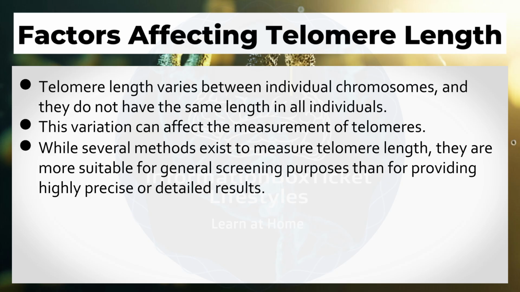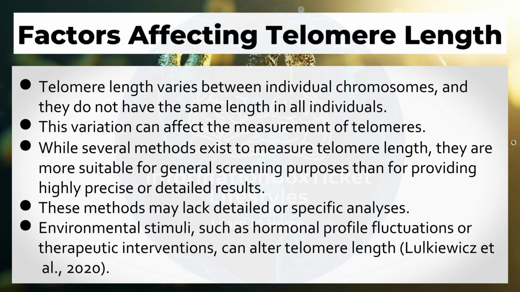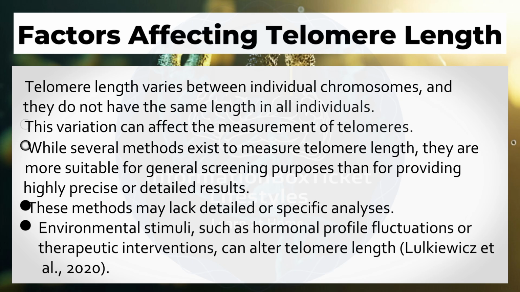While several methods exist to measure telomere length, they are more suitable for general screening purposes than for providing highly precise or detailed results. These methods may lack detailed or specific analyses. Environmental stimuli, such as hormonal profile fluctuations or therapeutic interventions, can alter telomere length.